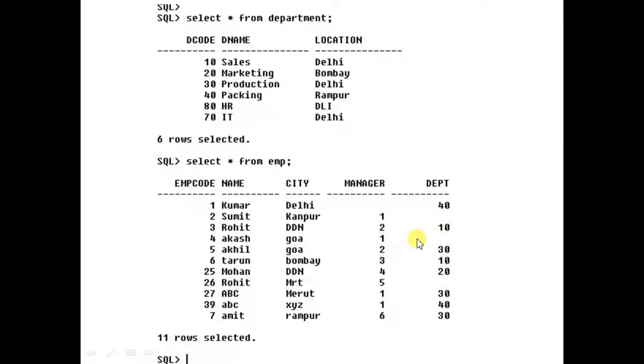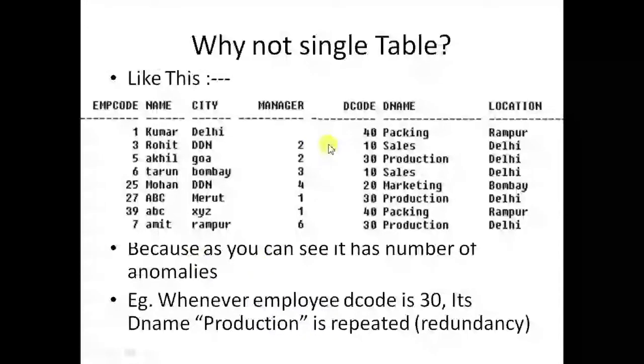So what do you want? You want the tables to be created like this only, but on the screen the information should be displayed like this, as if it is a single table. If the information is displayed only on the screen, and you can see Production, Delhi, 30 repeated, then there is no issue because it will be only on screen or on the front end.